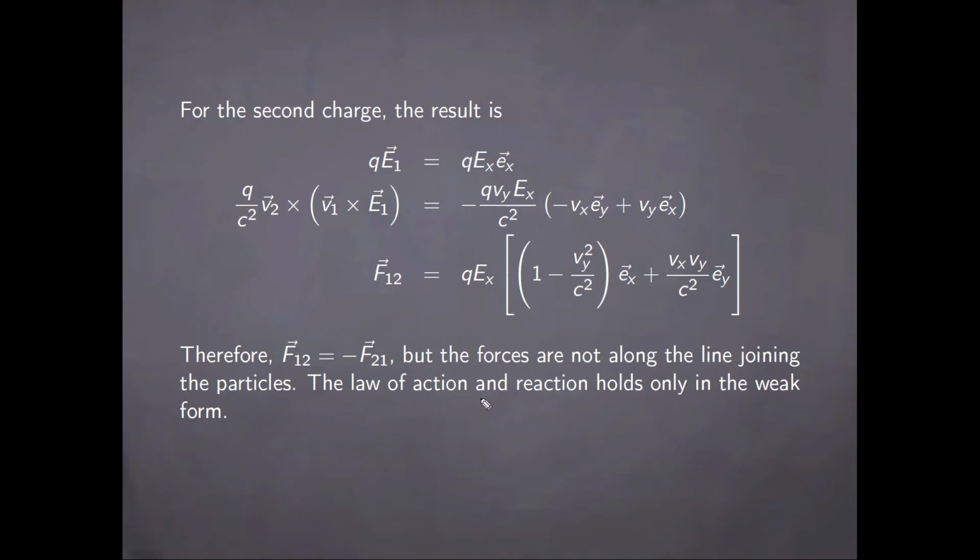The law of action and reaction holds only in the weak form for this system. And the major implication here is that apparently, even if we do not act with an external torque on the system, there is still an angular momentum that is present due to internal forces.